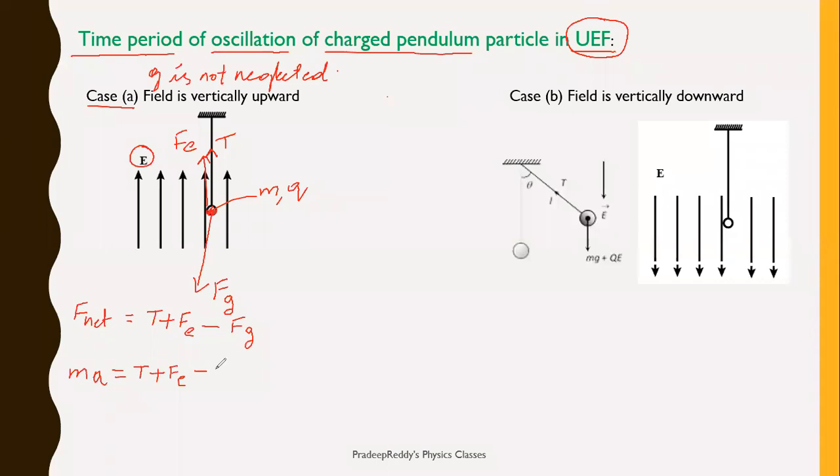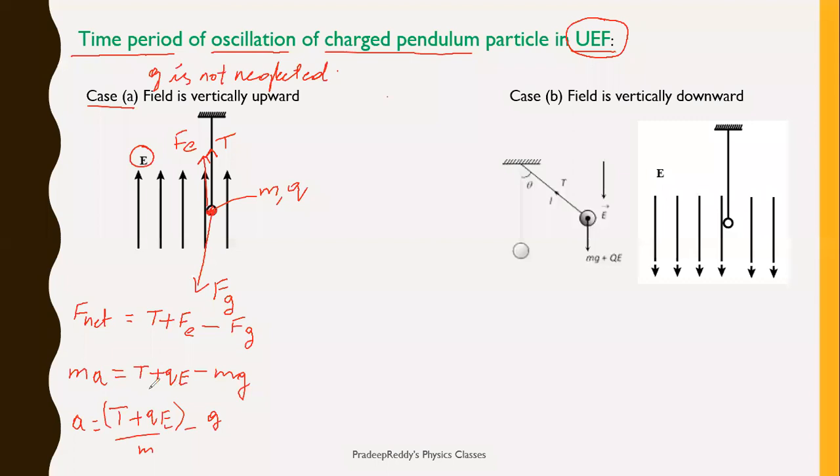Fg is gravitational force, that is mg. Fe can be written as QE. So ma equals T plus QE minus mg. Now you can find out acceleration of this charged particle within this uniform field: T plus QE divided by m minus g, where g is acceleration due to gravity.